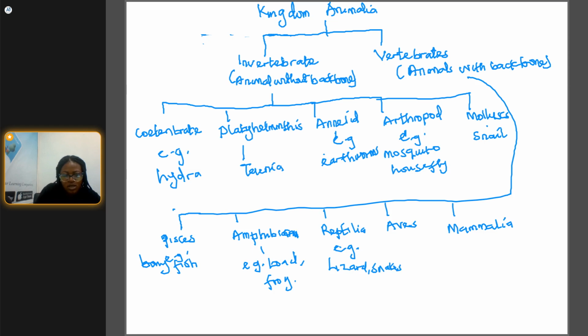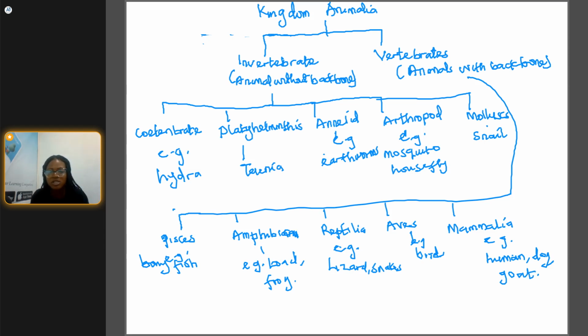Okay, under Aves, we have the birds. We have the birds, we have the gorilla, like that. Then under the Mammalia you have the humans, we have the dog, goats, etc. Okay, so these are the major classes.